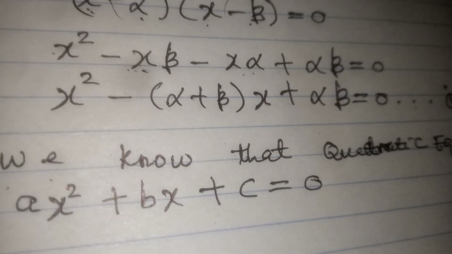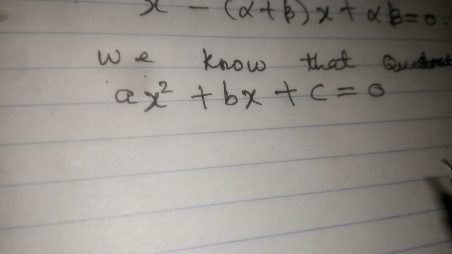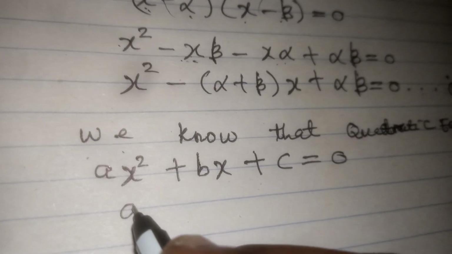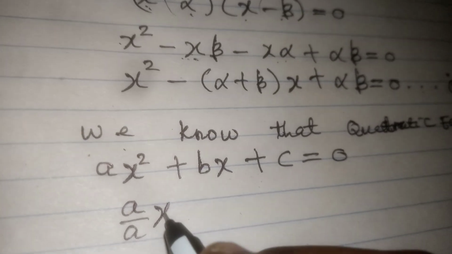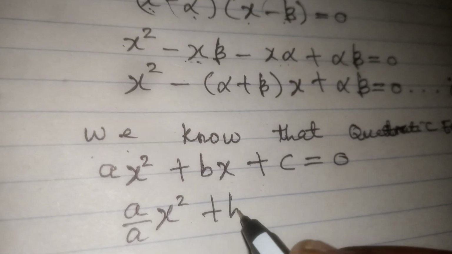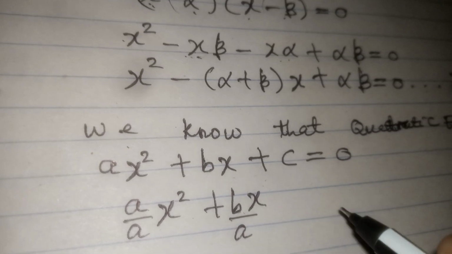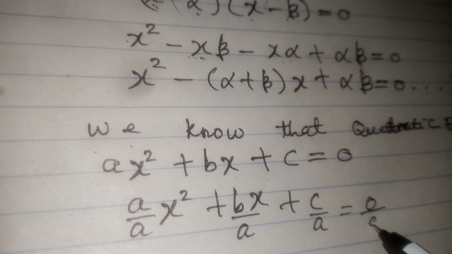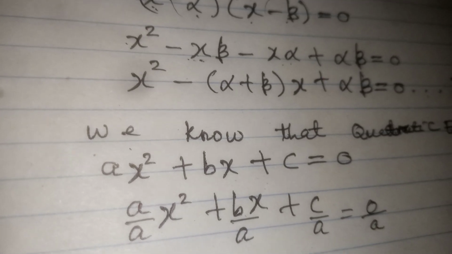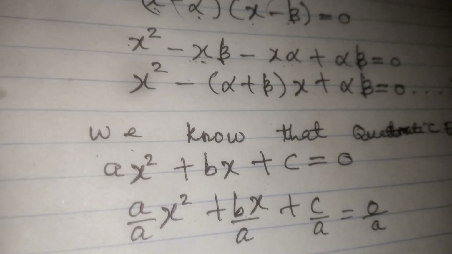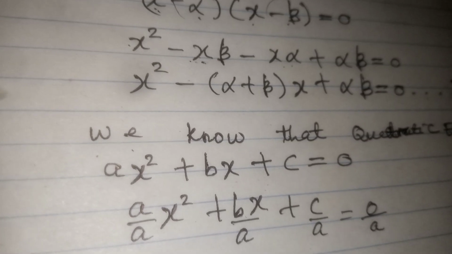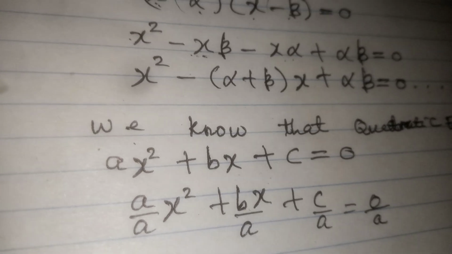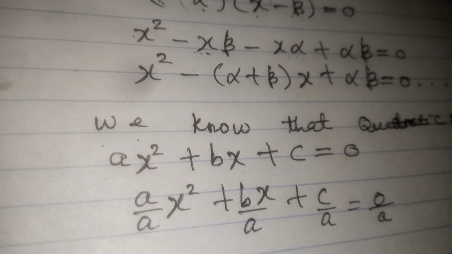Now if we divide by a throughout, we get a divided by a x square plus bx divided by a plus c divided by a equal to 0 divided by a. Now a and a will cancel, we remain with x square plus b over a x plus c over a, which is equal to 0. Now this is equation number 2.